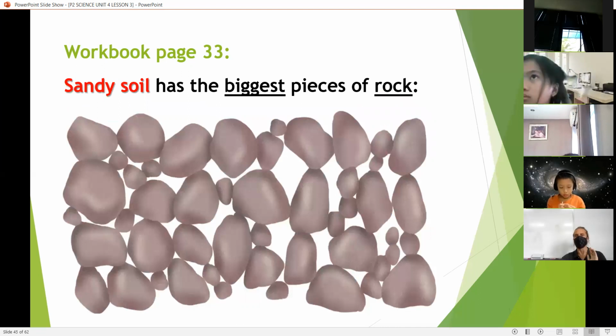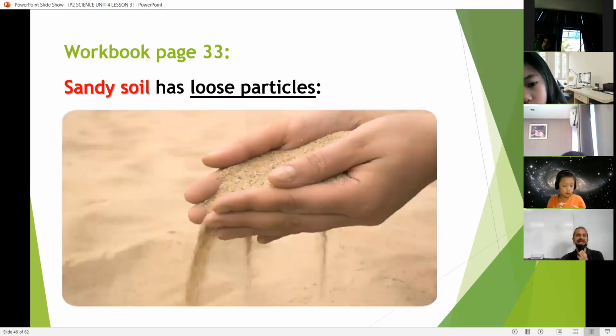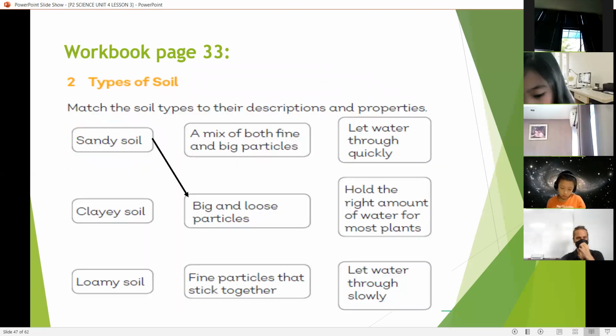Sandy soil has the biggest pieces of rock, everybody, and sandy soil has loose particles. So it's number 2, guys. Sandy soil has big and loose particles.